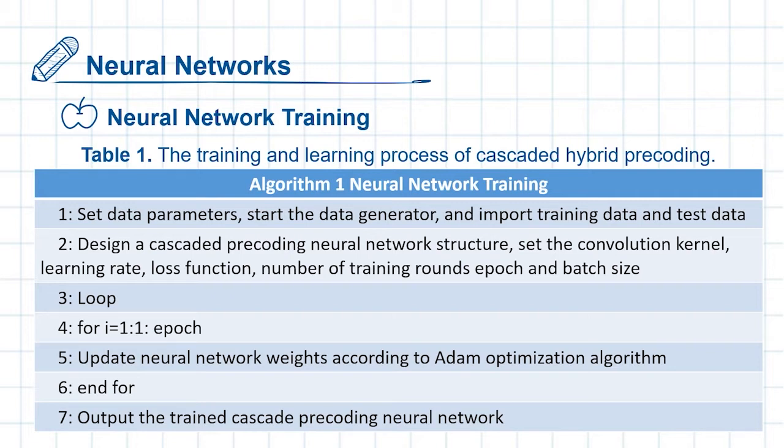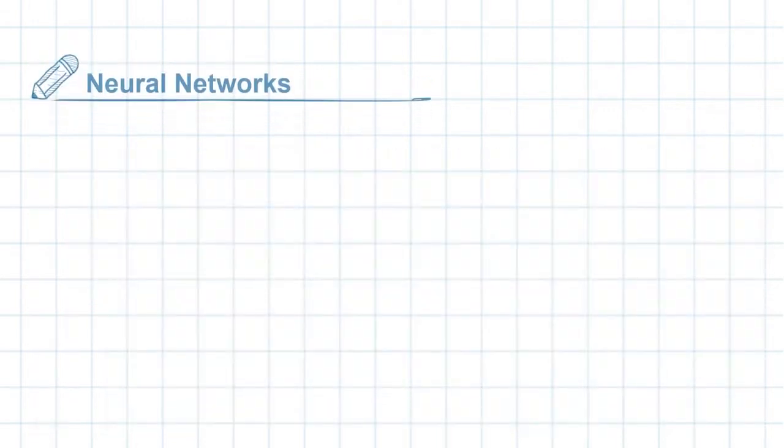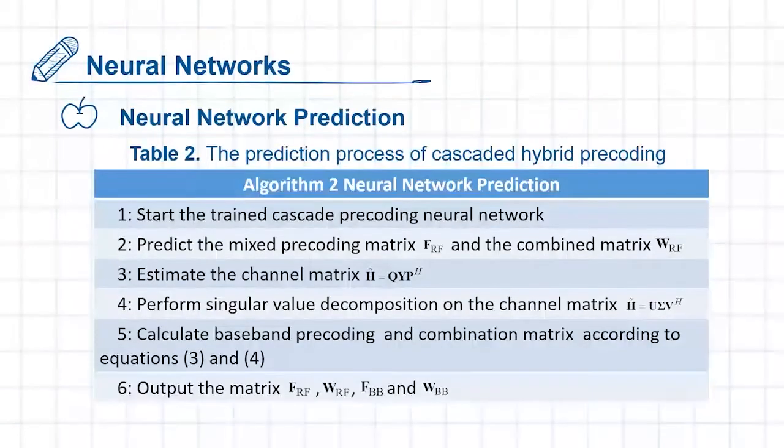After the neural network is trained, the trained neural network is used to design the hybrid precoding matrix. The prediction process is shown in Table 2.